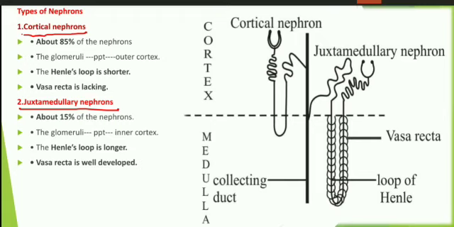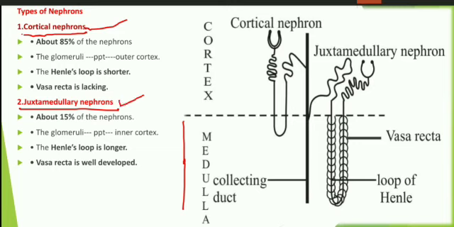This cortical and juxtamedullary classification is made based on the location of the different parts of the nephron. That means if the major portion of the nephron is located in the cortex, those are known as cortical nephrons. If the major portion of the nephron is located in the medulla, that is known as juxtamedullary nephrons.